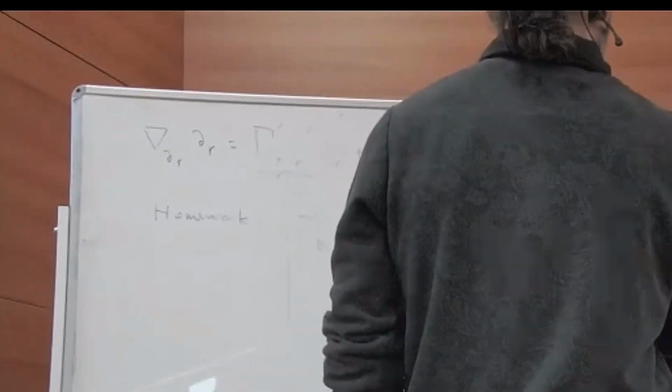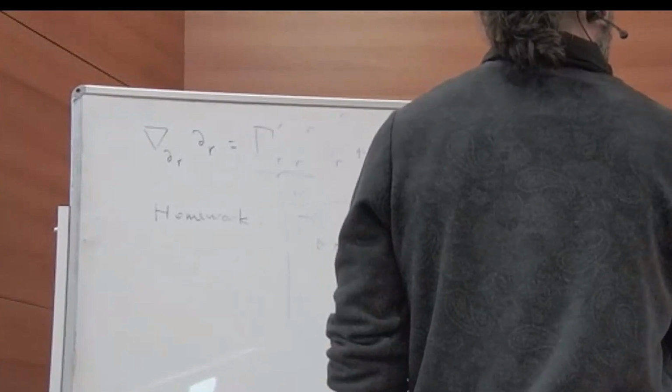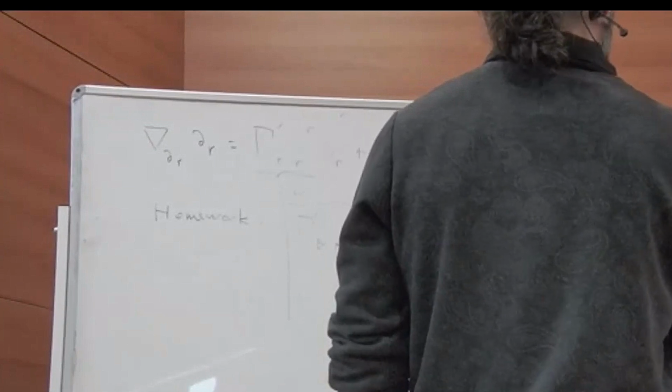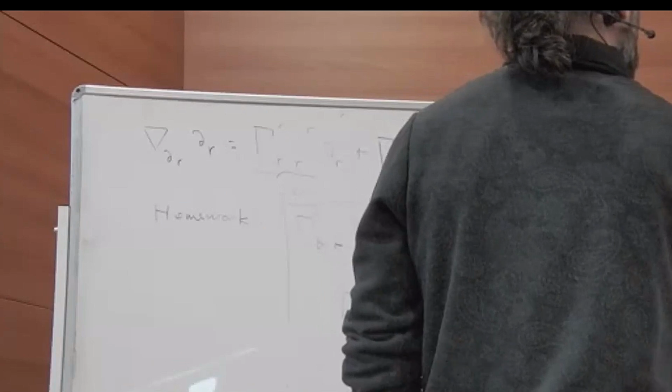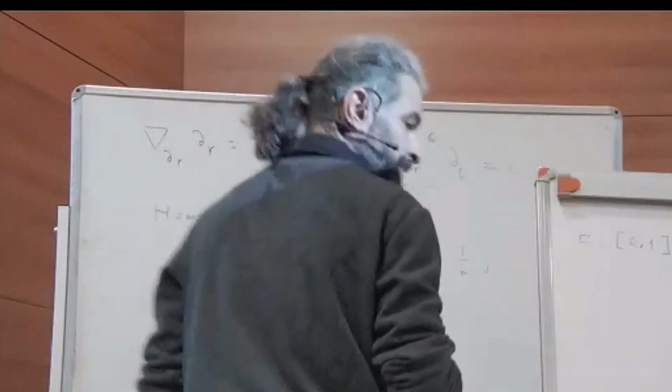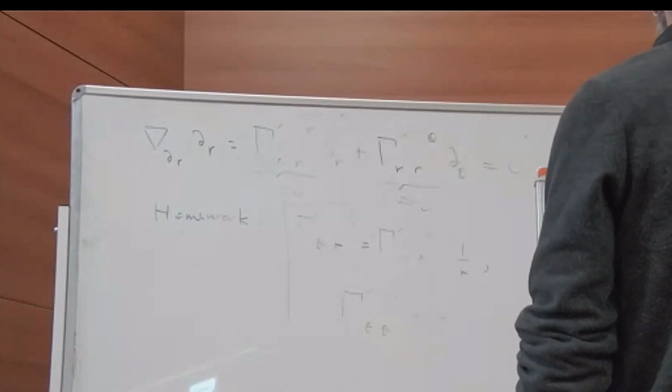So you have a curve. It is defined in the closed interval with boundary points 0 and 1. You parameterize it with some parameter.